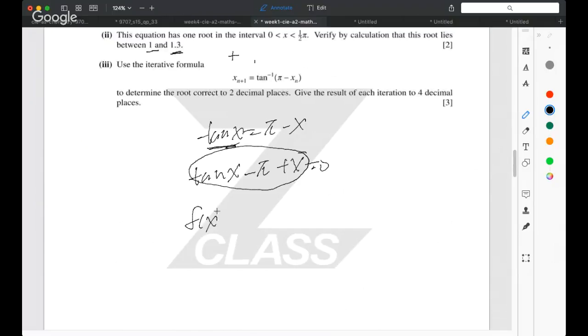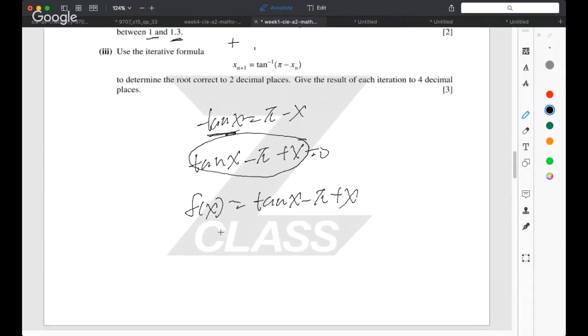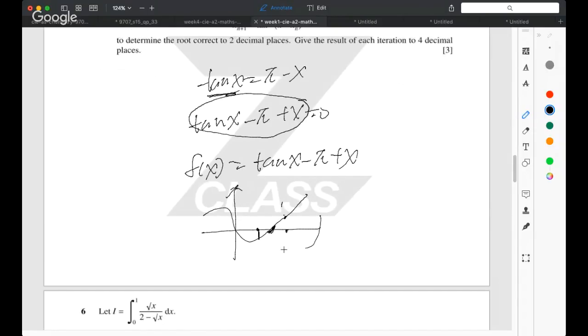So we define the function f(x) as tan x minus pi plus x. Maybe the function looks like that, and there is an intersection here. Before and after there's a change in the sign. If you can prove that at one point it's positive, and at the other point it's the opposite sign, then the sign has changed. As long as this function is continuous, which it is, there must be an intersection between this function and the x-axis.